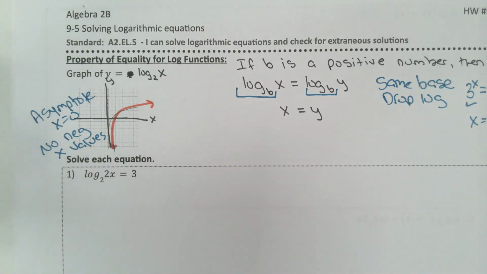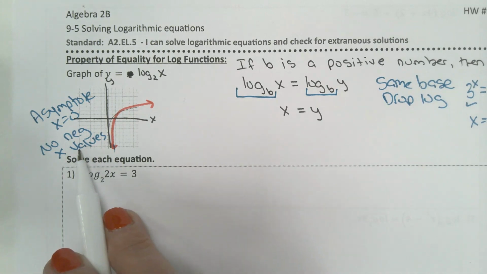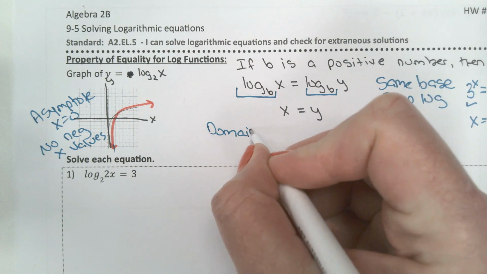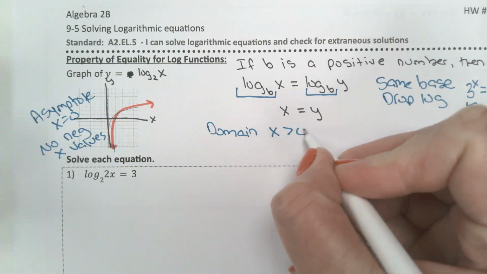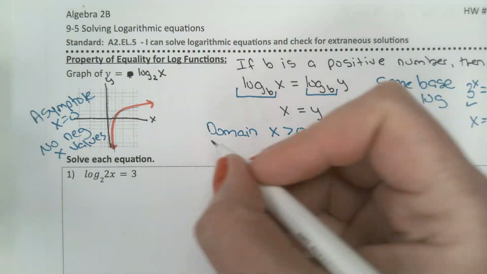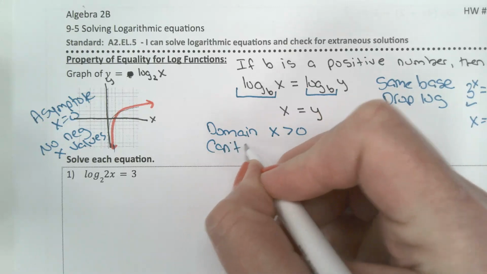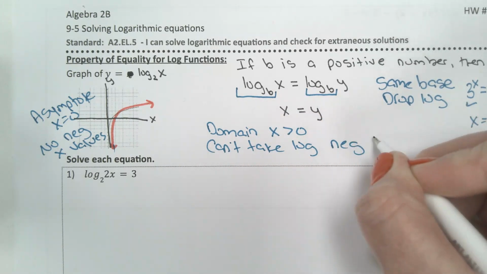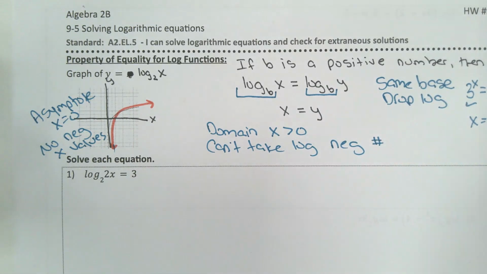All right. So you can't take the log of a negative number. That means the domain is x is greater than 0.